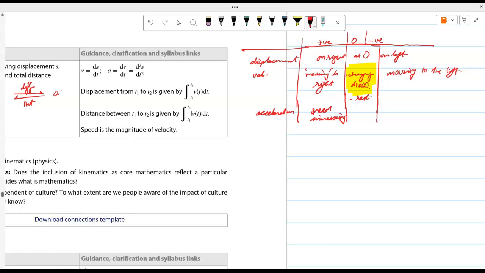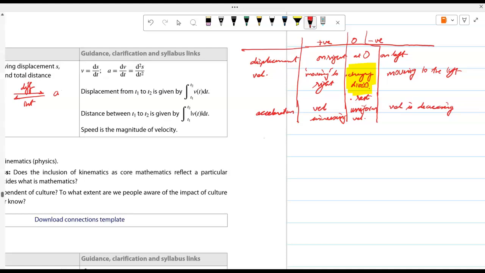What if it's negative? If acceleration is negative, the velocity is decreasing. If acceleration is zero, it means uniform velocity. There is no change in the velocity. The velocity is constant.